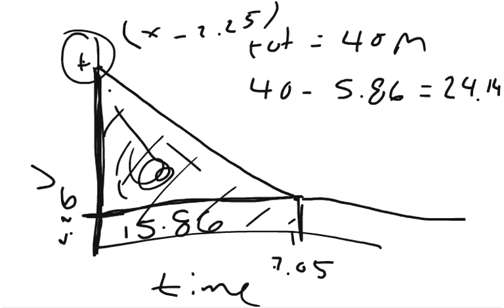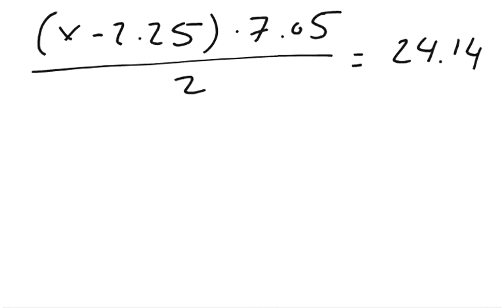So x minus 2.25 times 7.05 times 1/2, base times height divided by 2, should equal 24.14. We can work this out algebraically.